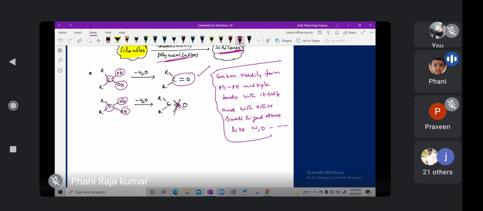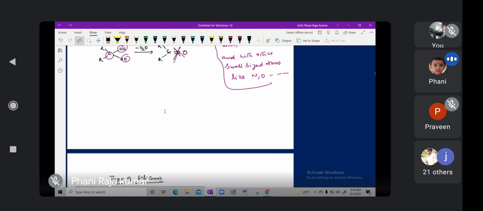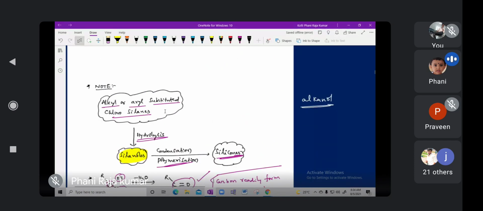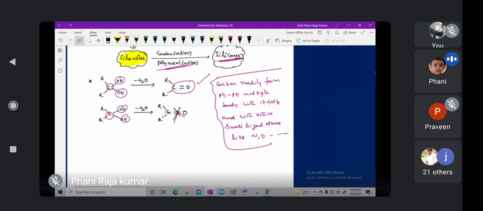Silicon is unable to form effective p-pi bonding. That's why silicon with oxygen prefers a single covalent bond but not a multiple bond. That's the main point for constructing different types of silicones.